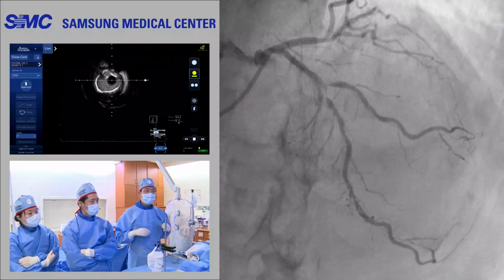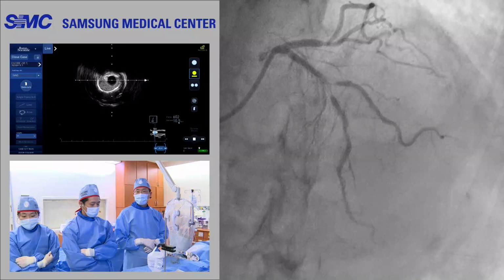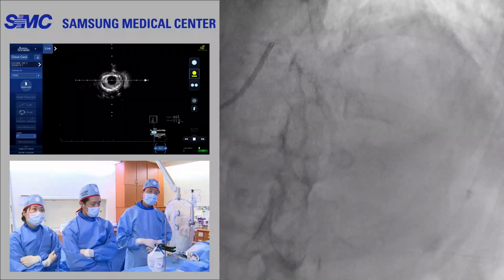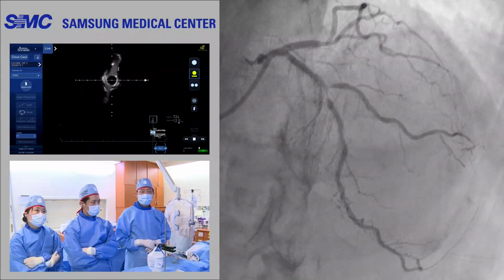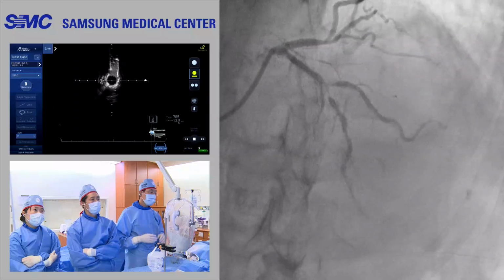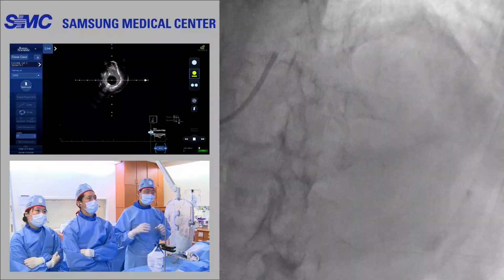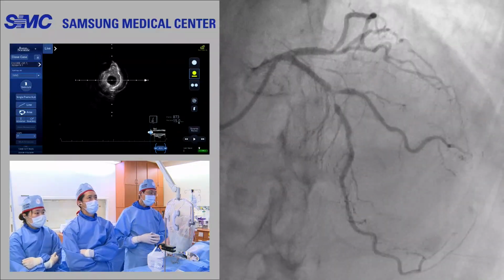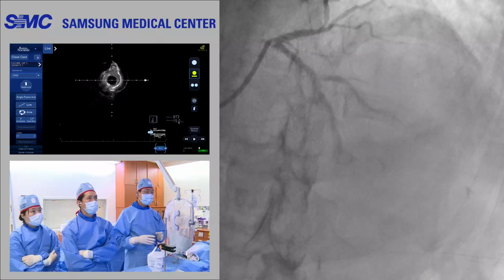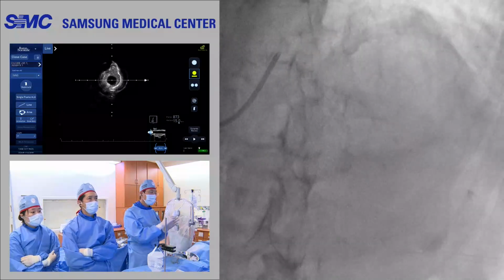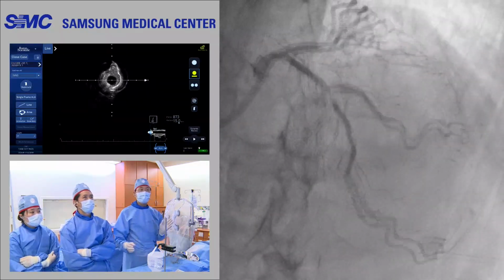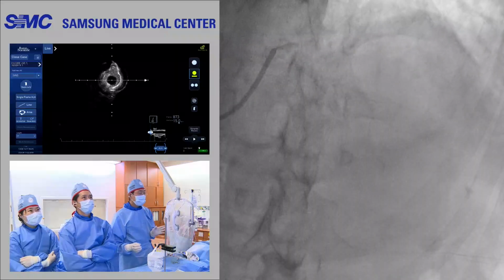I'd like to point out that this is an 82-year-old female patient who mostly stays at home. So we don't need a full expansion of the stent. If we like to do that, we need to stent from the left main to this LAD. That's not what we want, actually.